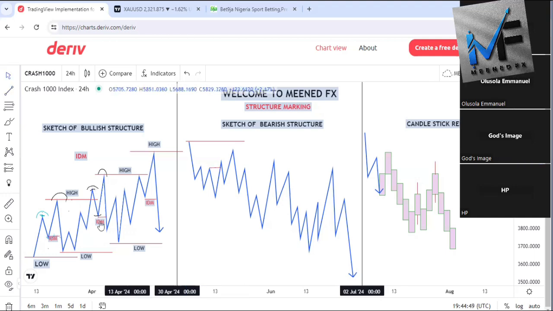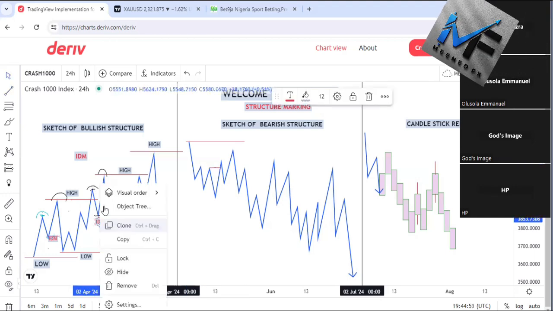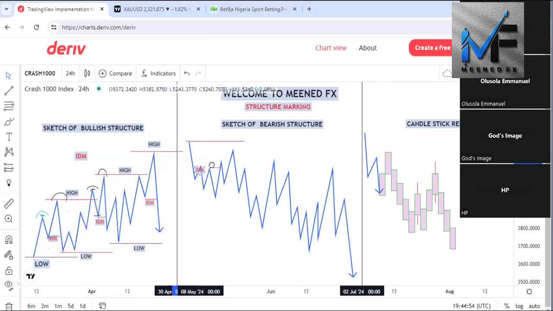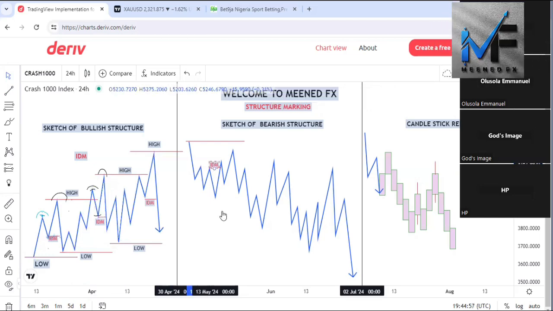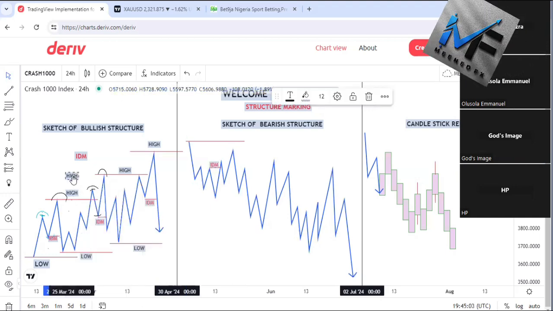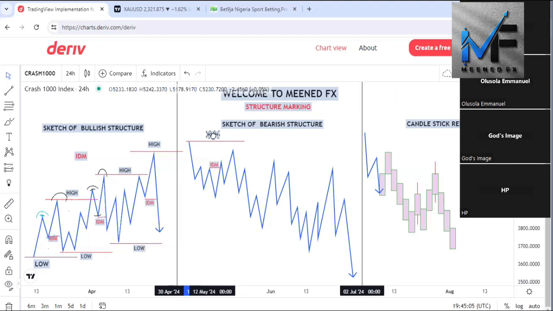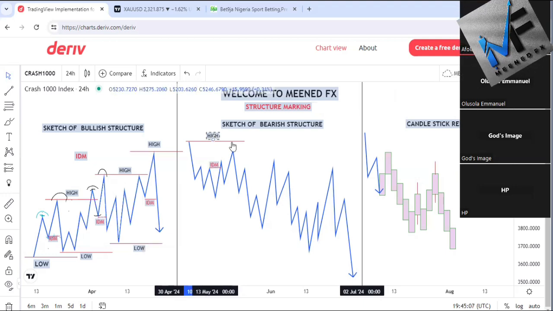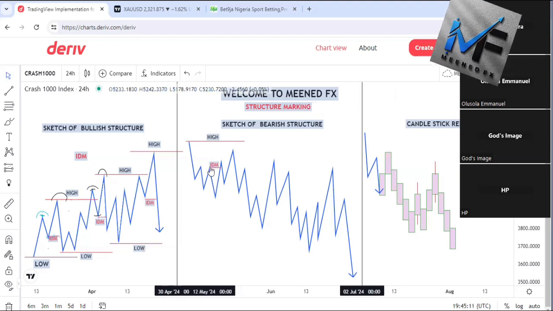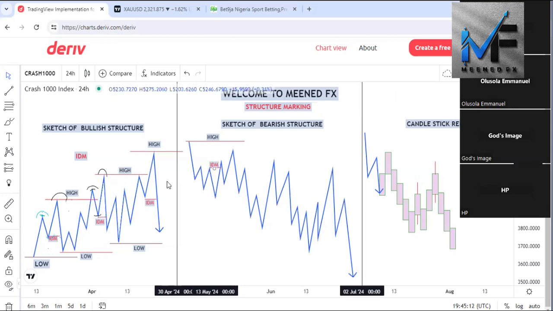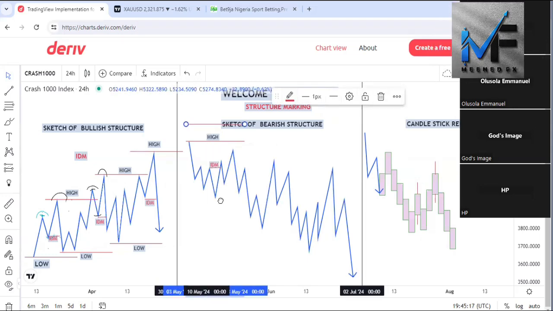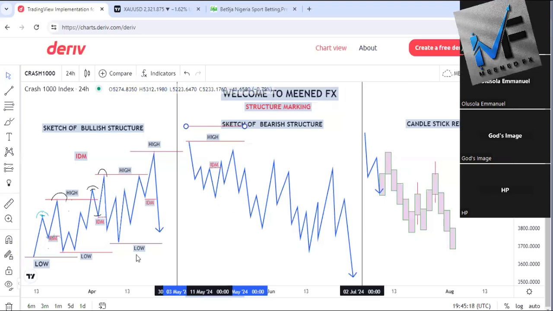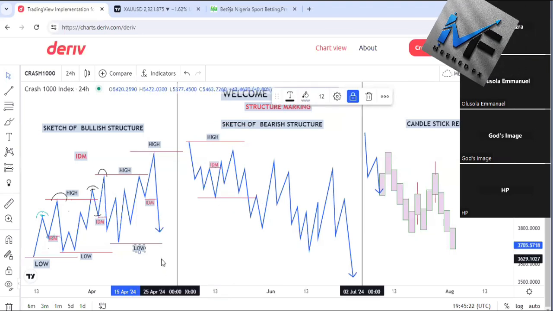All right, let me start labeling so that you can see it is the same process all through. So we have this, then we have this as our high. The low where the inducement was taken will become our valid low.